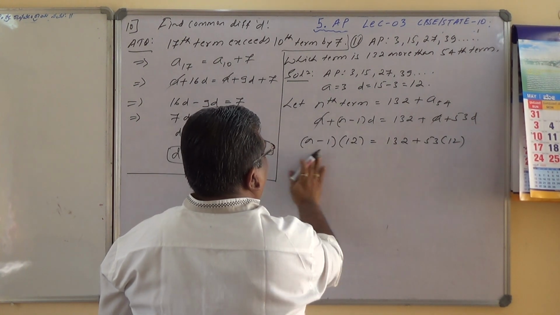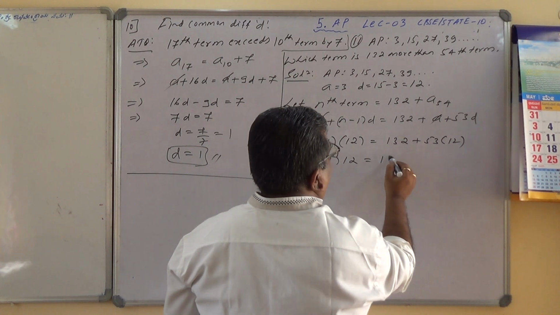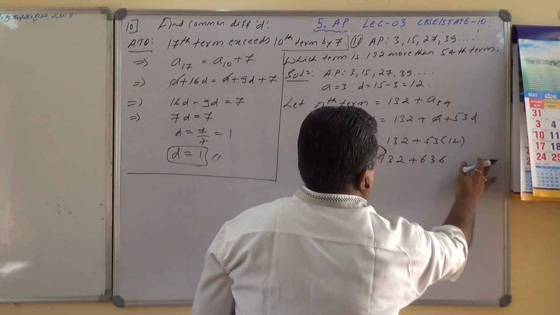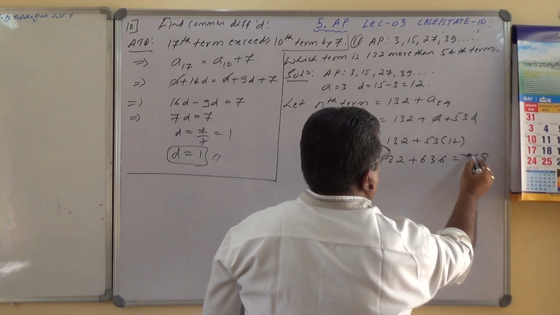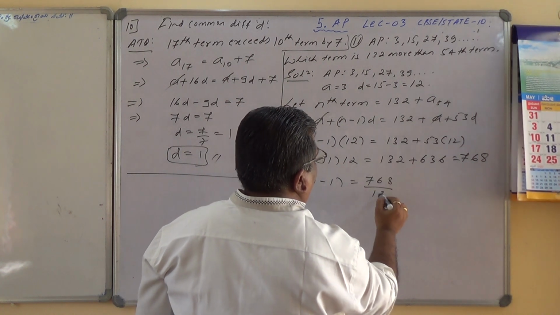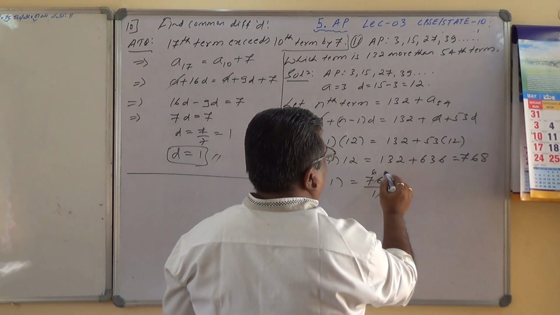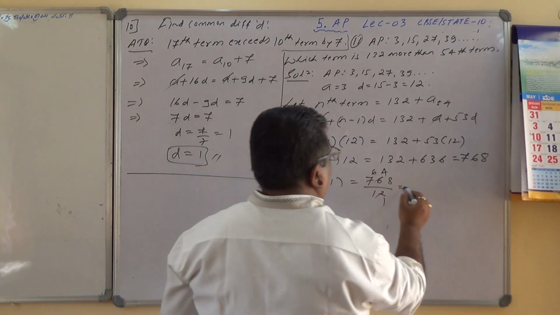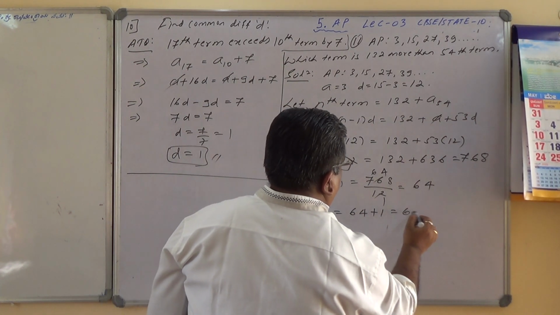So n minus 1 into 12 equals 132 plus 636, which equals 768. So n minus 1 equals 768 by 12, which is 64, and therefore n equals 64 plus 1, which is 65.